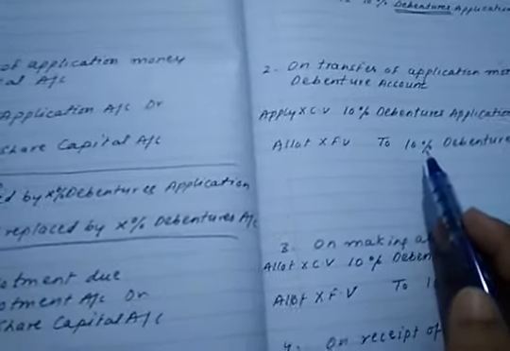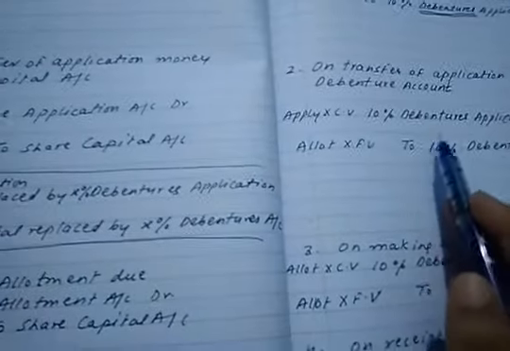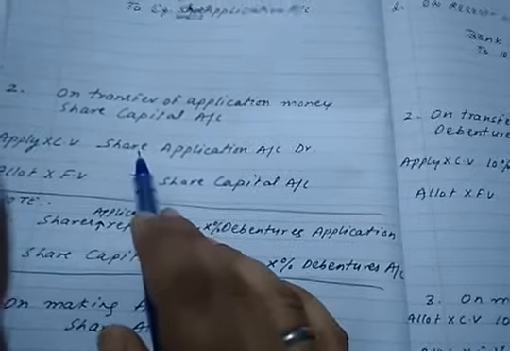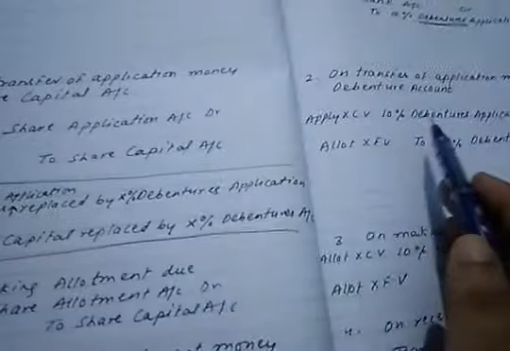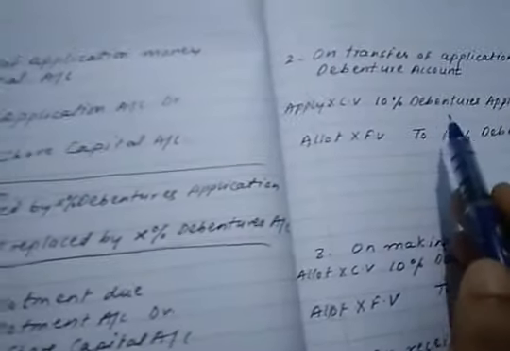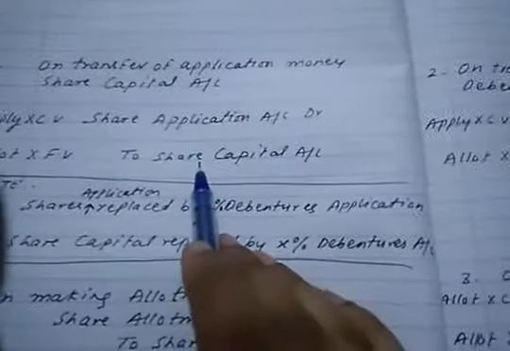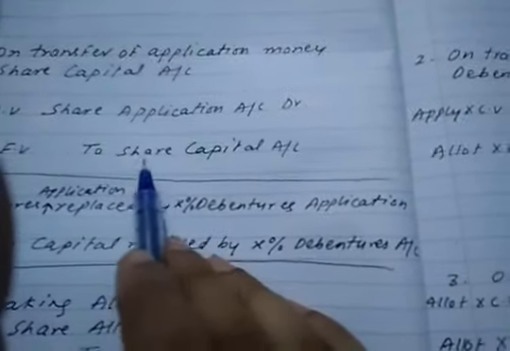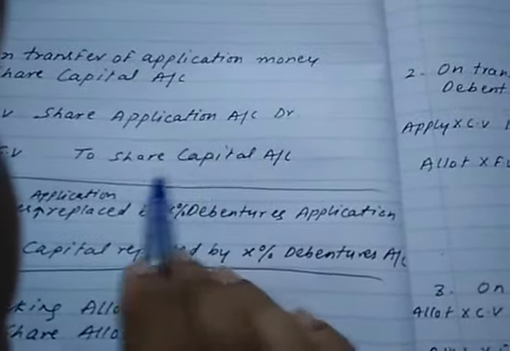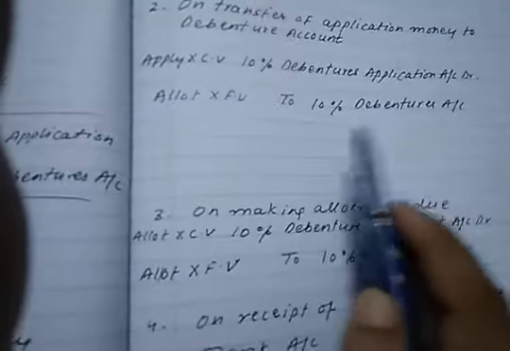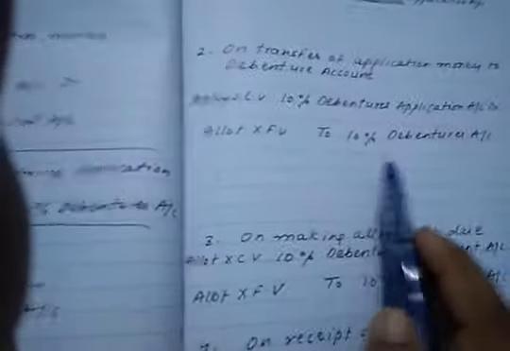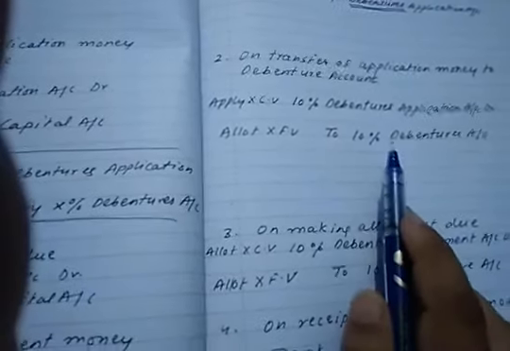Wherever you see the term shares, in place of that term you need to write debenture. And when you see share capital in the journal entry, you need to replace share capital by the term 10% debentures. Only this is the difference between the journal entries of shares and debentures.